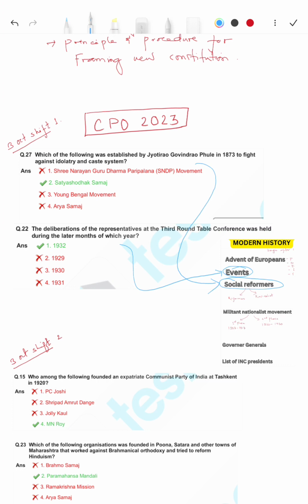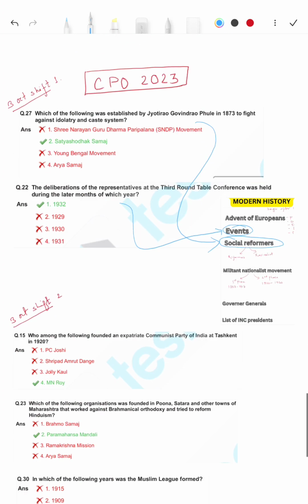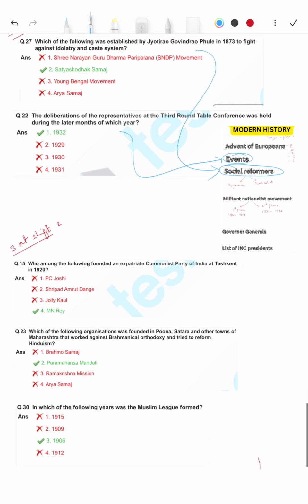And in the 3rd October Shift 2, 2023 exam, question number 15: who among the following founded an expatriate Communist Party of India at Tashkent in 1920? This question is framed based on the militant nationalist movement.